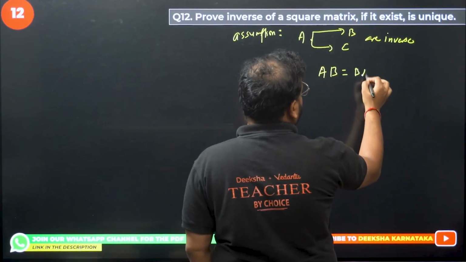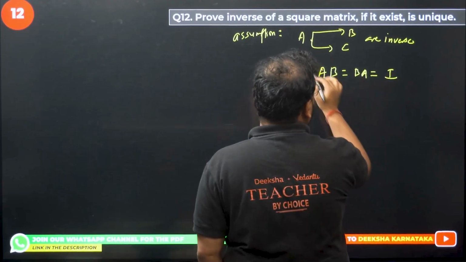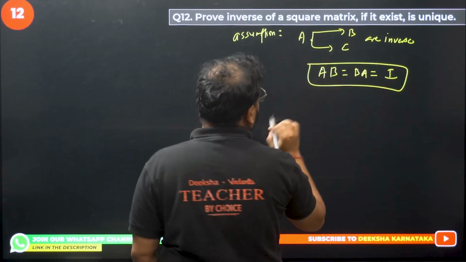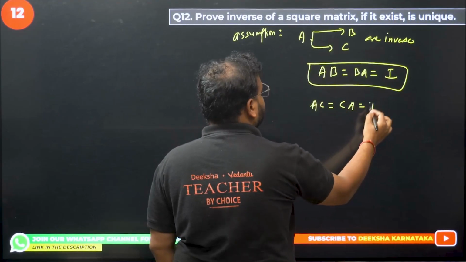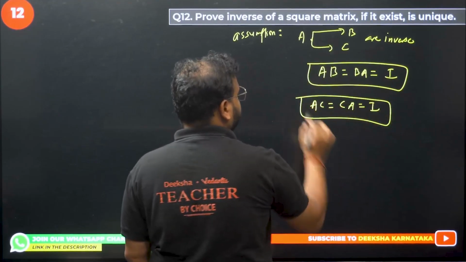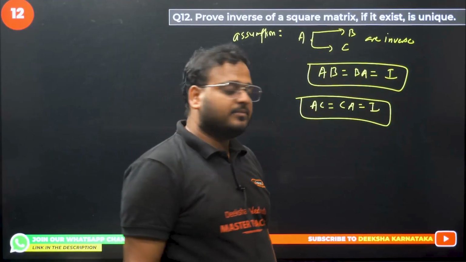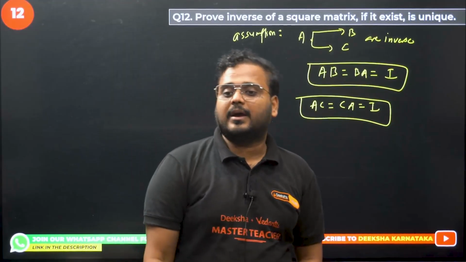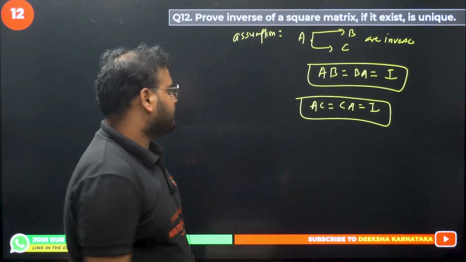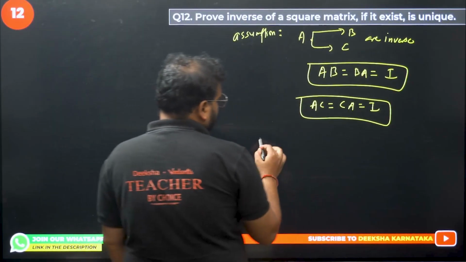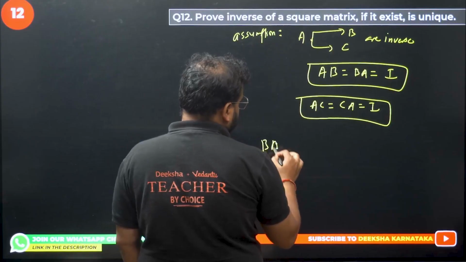AB equals BA equals I for B to be the inverse of A, and also AC equals CA equals I when C is the inverse of A. When B is the inverse of A, I have AB equals BA equals I, and when C is the inverse of A, I have AC equals CA equals I. Okay, let me take this multiplication as BAC.